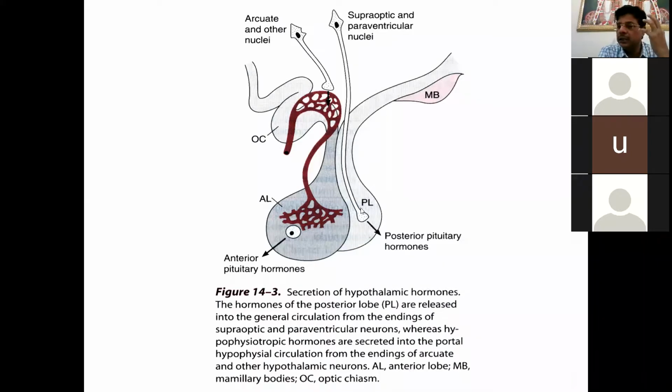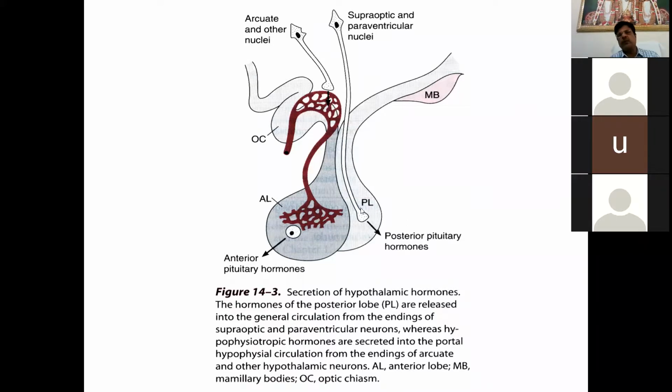And the cells in the anterior lobe, based on their staining properties, were previously classified depending on whether they take up the stain. How were they classified?